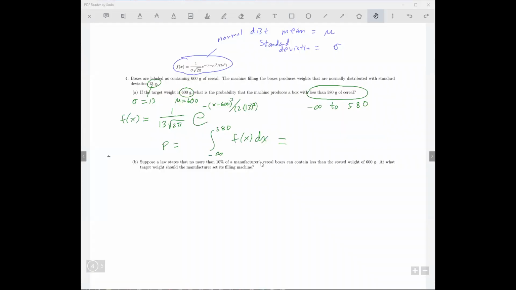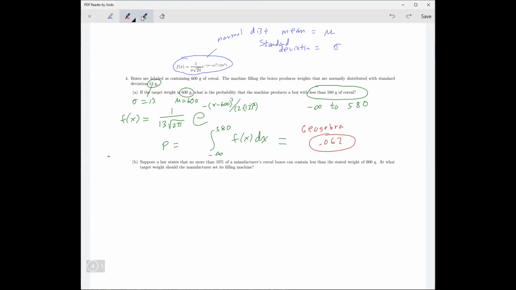So go ahead and put that in. Okay, so GeoGebra gave me 0.062.